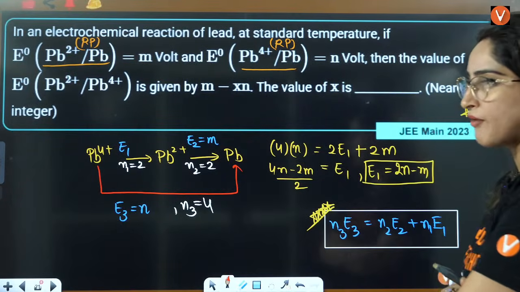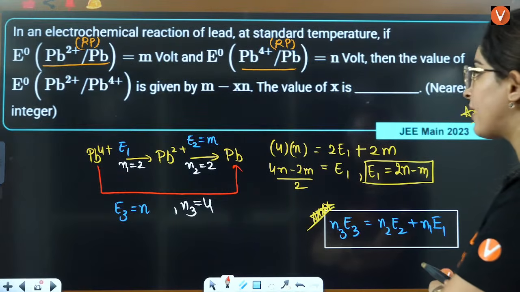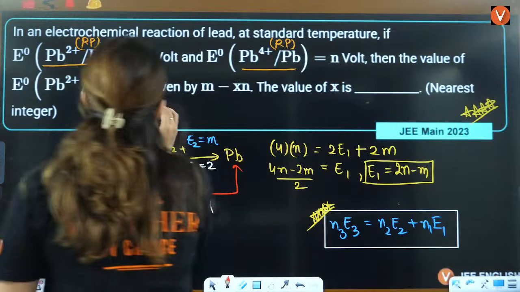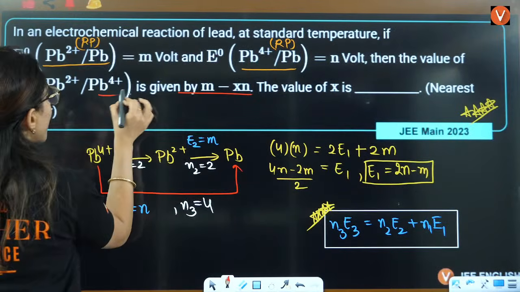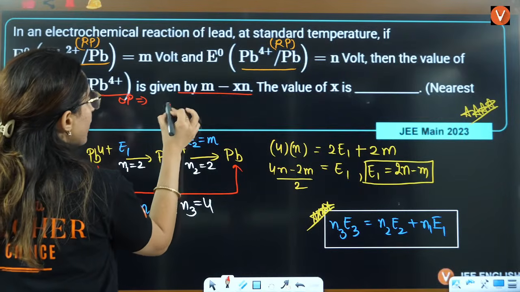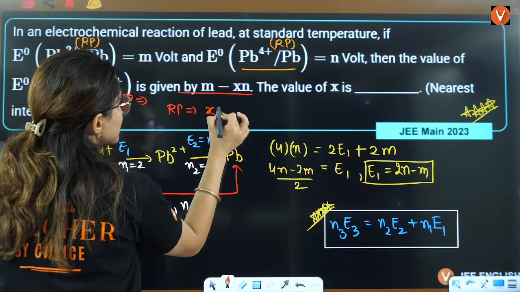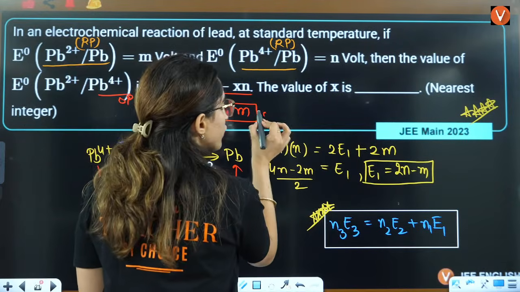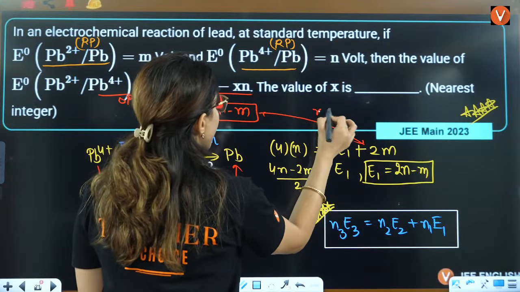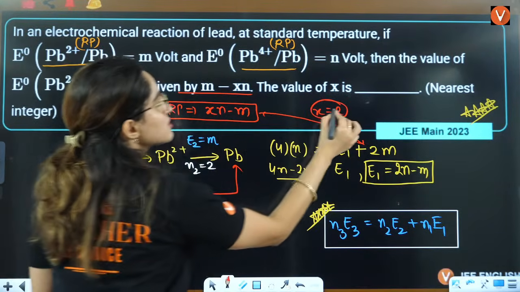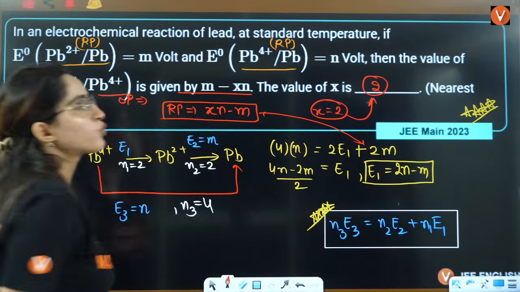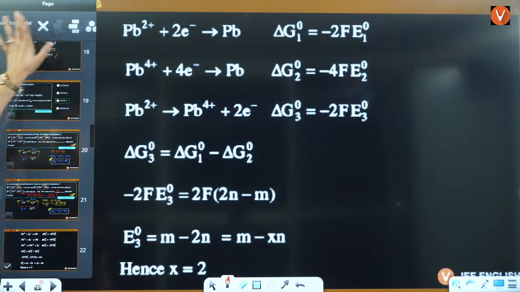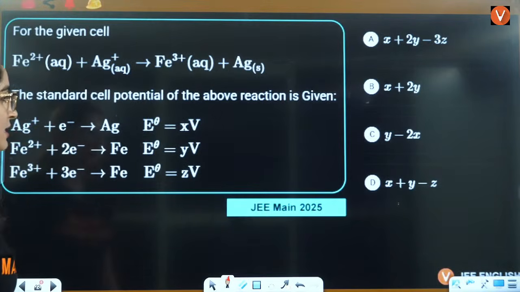Because this is the reduction potential, it should equal xN minus M. When you compare these two values, x will be equal to 2, so the correct answer is x equals 2. That's how you need to calculate this.